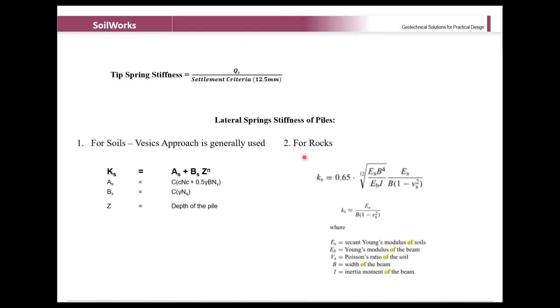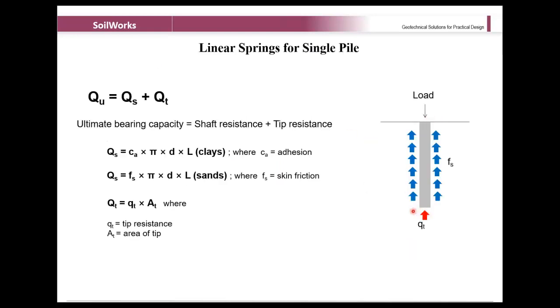Now you know the different resistances, that is your end bearing resistance as well as skin friction. Now in structural software we need to define a pile and determine its spring constant, and we need to define lateral springs onto your piles as well. How to do it, we'll see now.